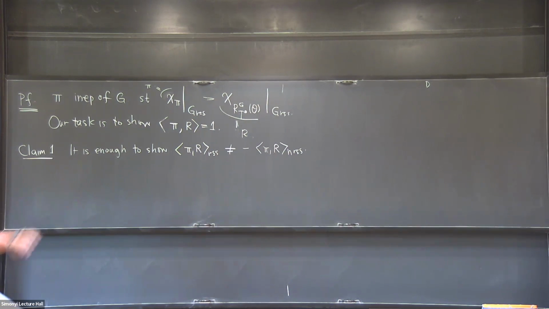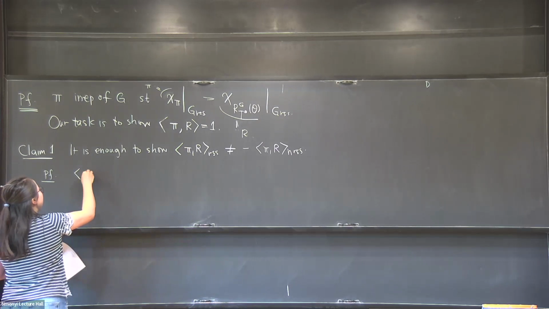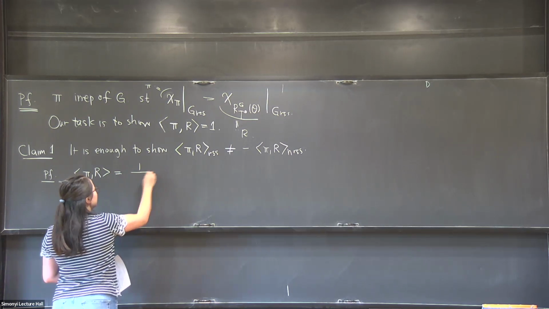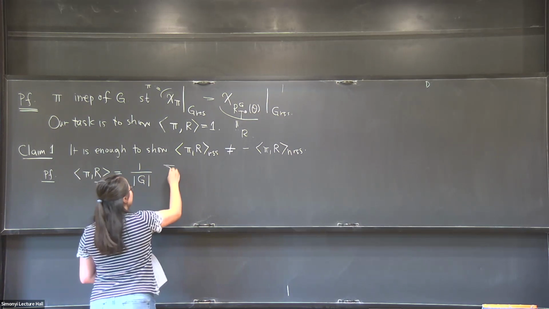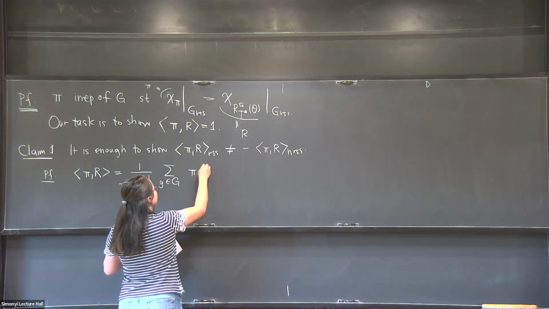So I haven't told you what the regular semi-simple part of this inner product versus the not regular semi-simple part is. So let me tell you what this is. By definition, if you remember, this inner product is equal to an average over all elements inside G of this number.